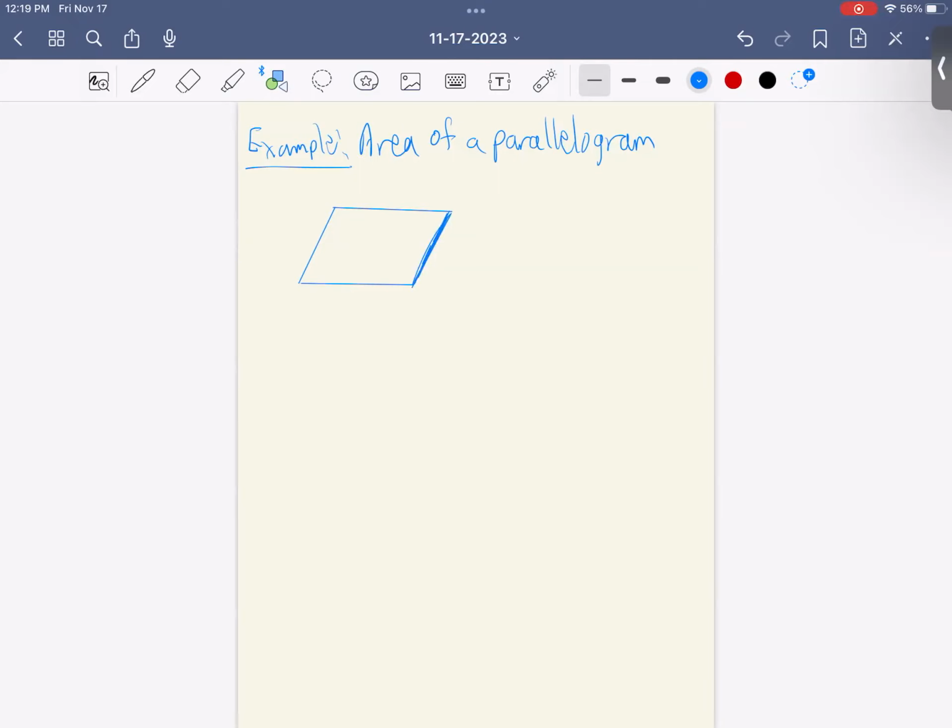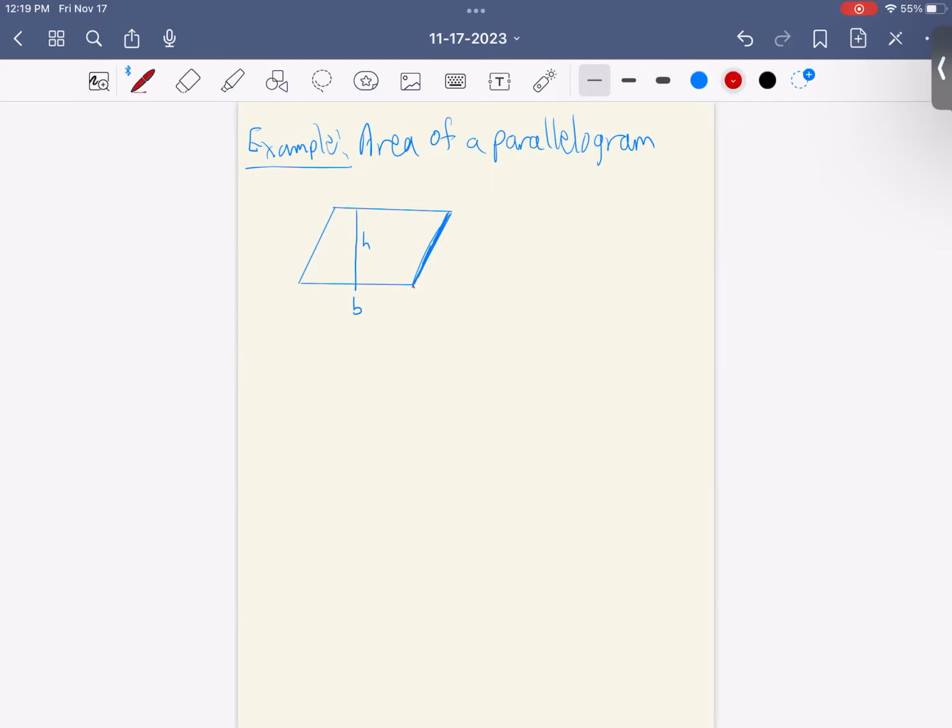Okay, that's pretty good. That's a better parallelogram. Let me call this side B, and I'm going to call the height here H. You may know that the area of a parallelogram has the formula base times height. Well, why does that work?